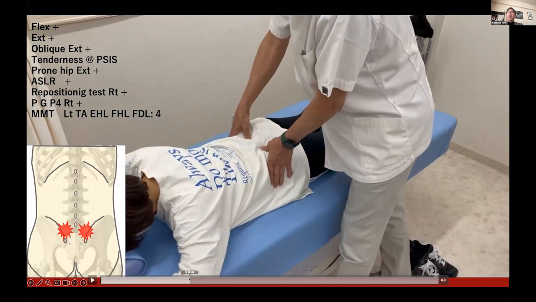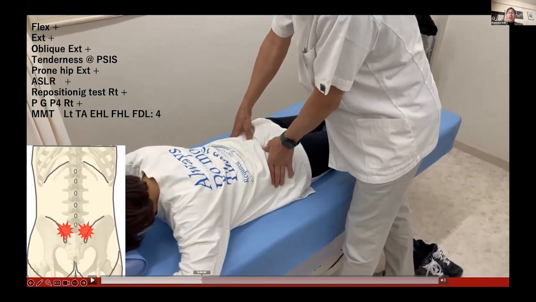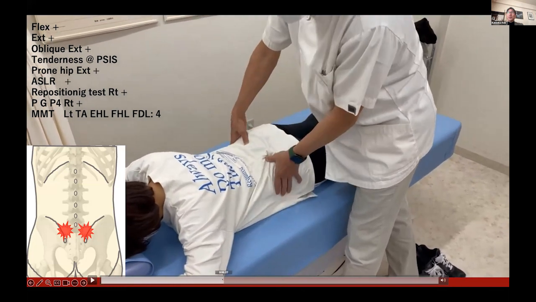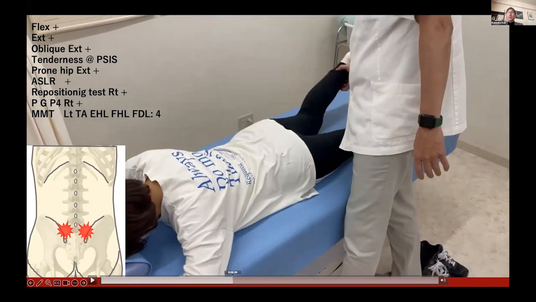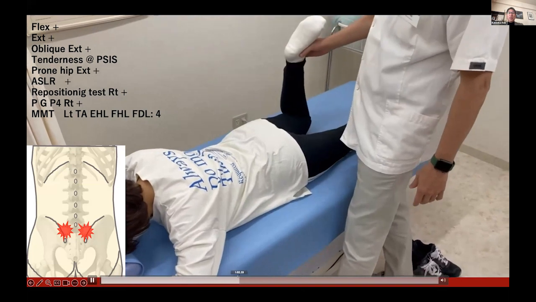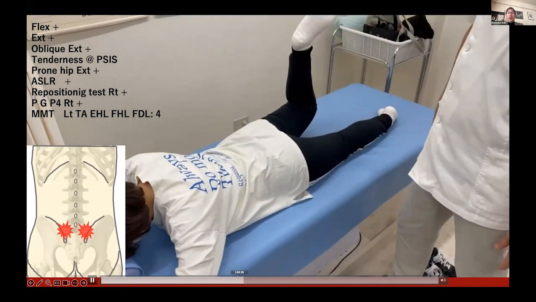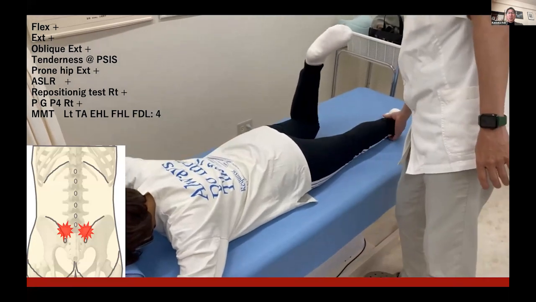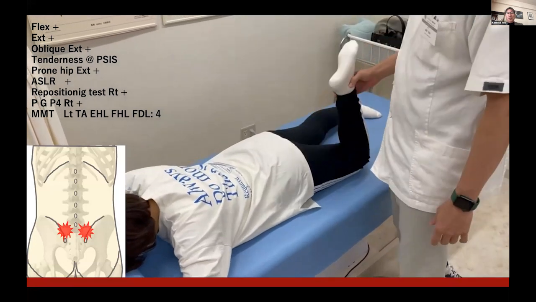She says it's painful. And also, low back pain is elicited by the test of raising the lower limb in the prone position, the so-called prone hip extension test.